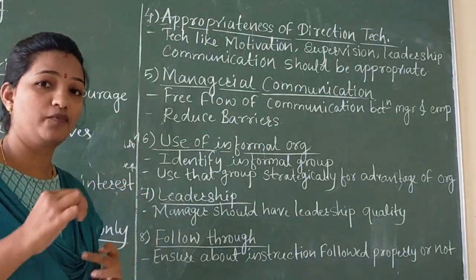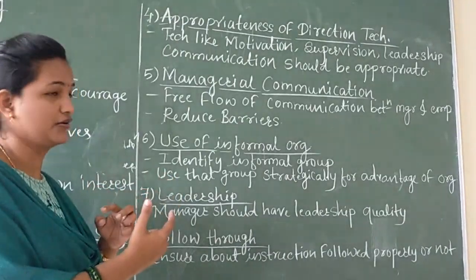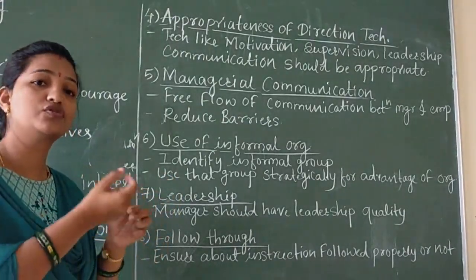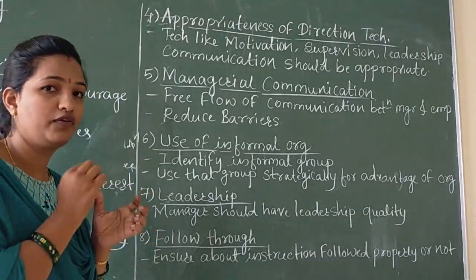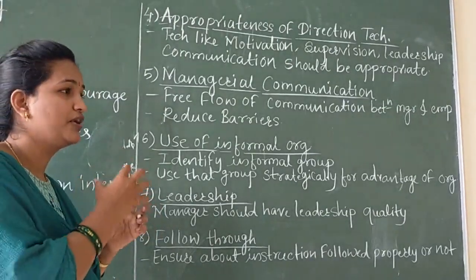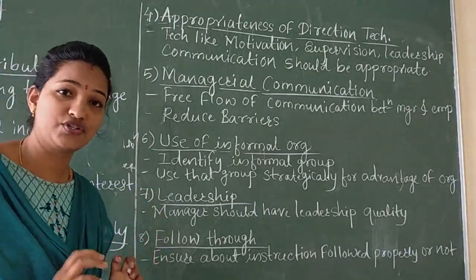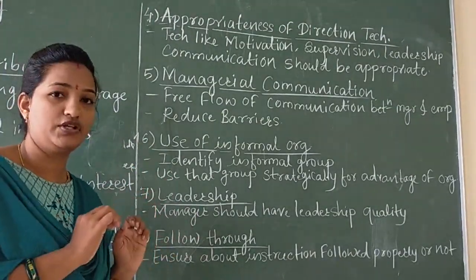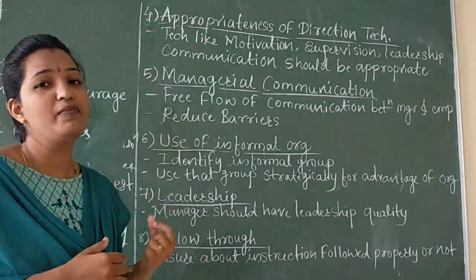Free flow means communication between manager and worker, or manager and employees, or supervisor and subordinate. It should be free flow of communication. Means whatever instruction you give, all employees should get that instruction. Second thing, there should not be any barrier, or you should try to reduce the barrier.